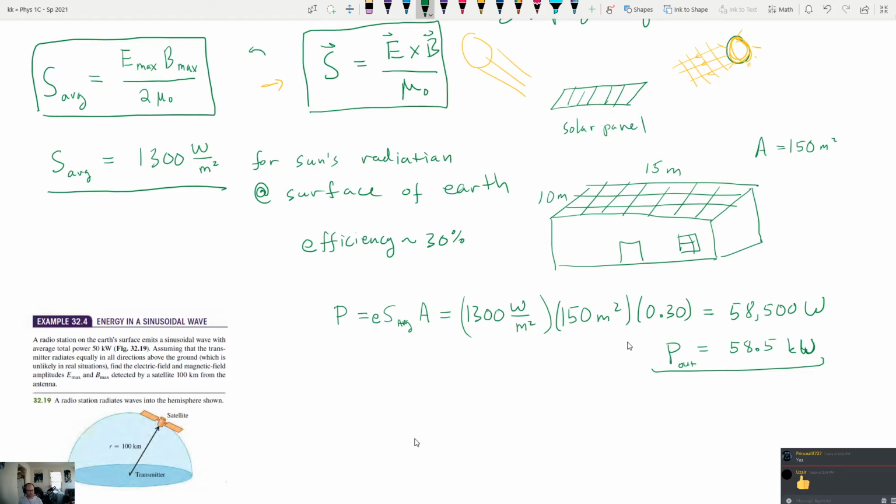So what could you run off of 58.5 kilowatts? Well, you could run a lot of stuff. One light bulb, right? A 100-watt light bulb is 0.1 kilowatts. So if you wanted to run that light bulb all day long, it would only be a very, very small fraction of the amount of power that you're getting, right? But we don't run our homes just on light bulbs, right?